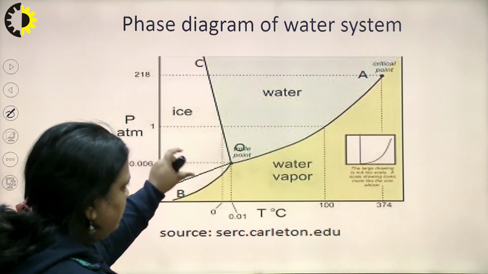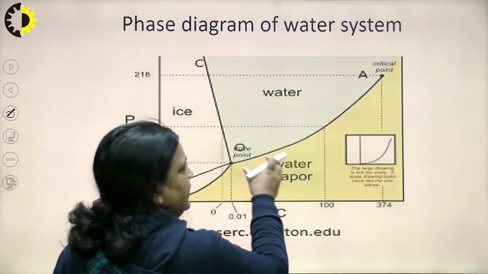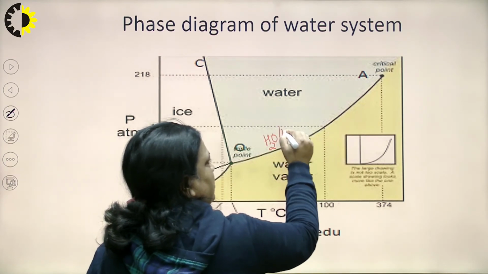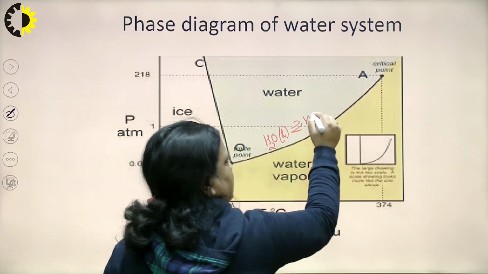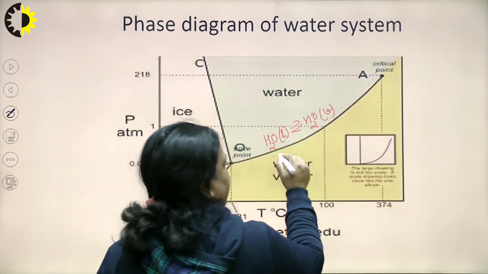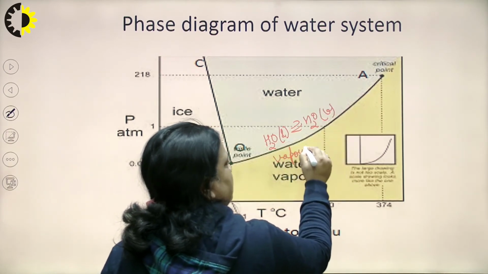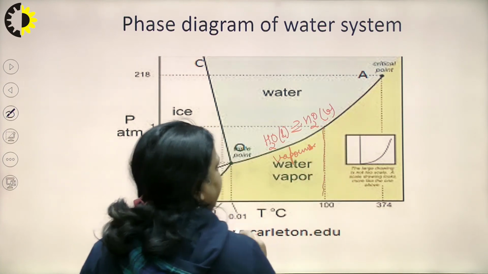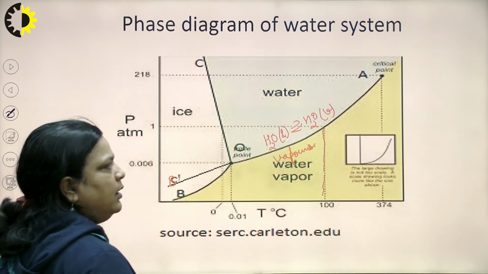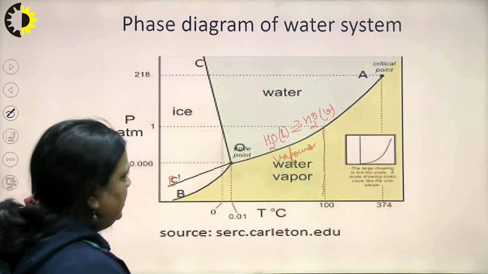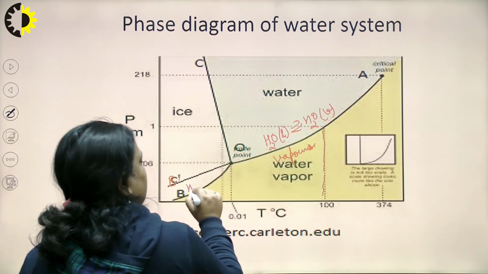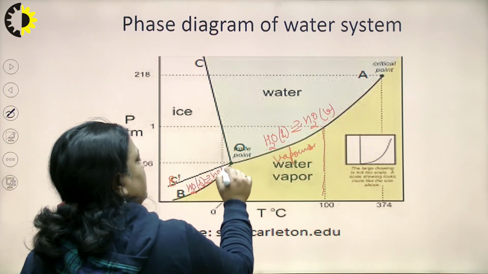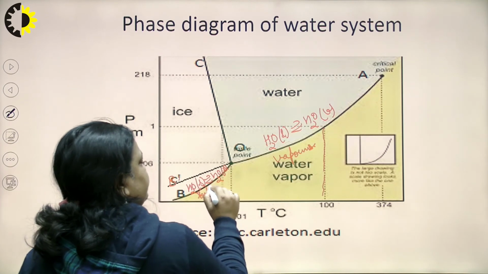For better resolution, we can write here H2O liquid to vapor, and name it the vaporization curve, at 100 degree centigrade. Automatically the pressure will be 1 atmosphere. And then H2O solid to H2O vapor, the sublimation curve.